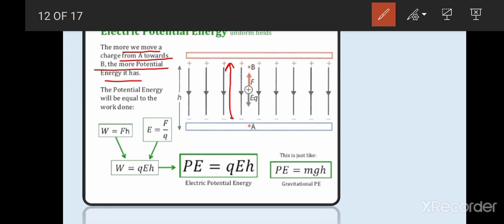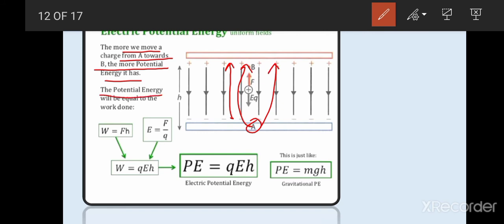The more we take it towards the higher potential, the more potential energy it will have, just like the case of a ball taken away from the surface of earth. The higher it goes, the more potential energy it will have. Same is the case with the charged particle. It is moving from A towards B. The closer it gets to the higher potential, the more potential energy it will have.